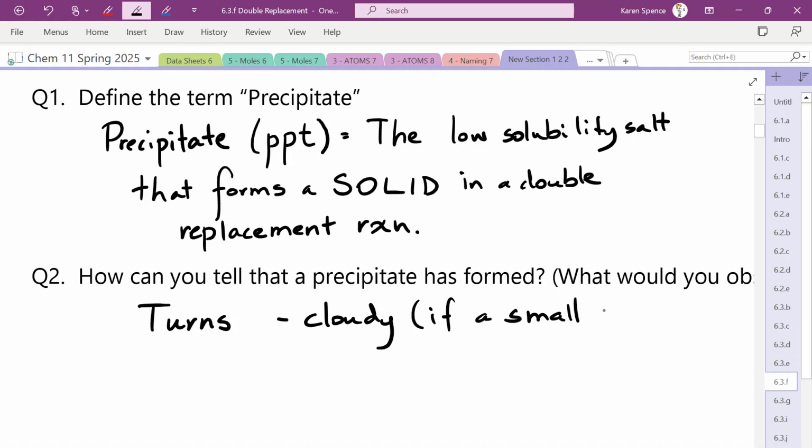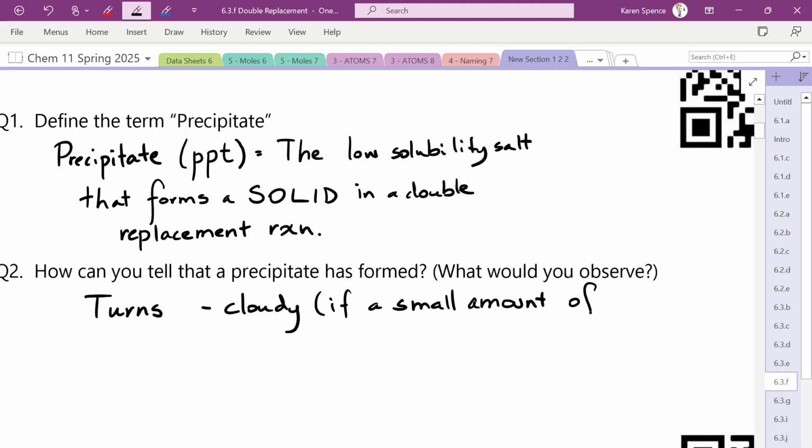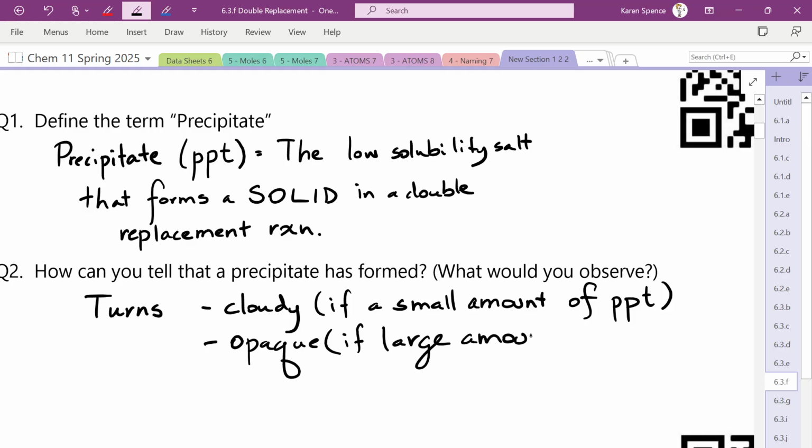So it turns cloudy if there's a small amount of precipitate. It turns opaque if there's a large amount of precipitate. Some precipitates will be clumpy. Some will be fluffy, almost. They'll look a little bit fluffy. So there's different qualities to the precipitate, but it'll always look somewhat cloudy or somewhat opaque. Okay, you'll always see that solid.